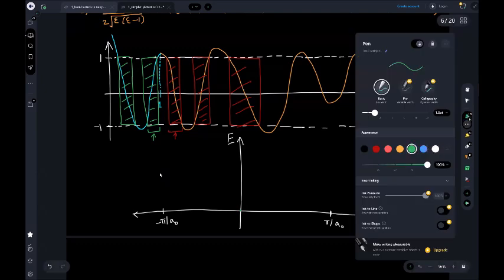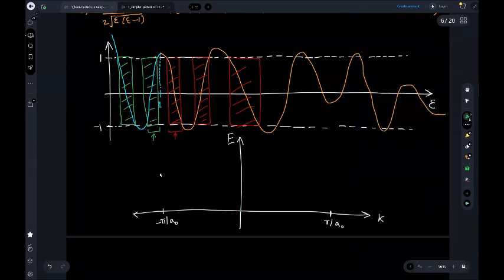So the way that I can represent this is, let's say there's a dotted line here, there's a dotted line here. So at K equals 0, there's a high energy, and as we move from here, the energy decreases.